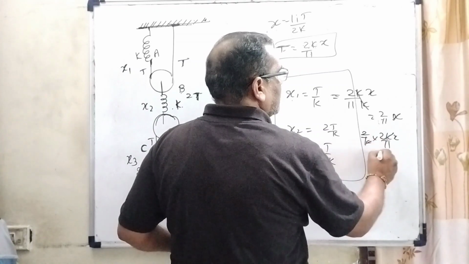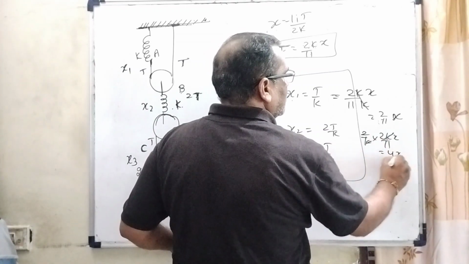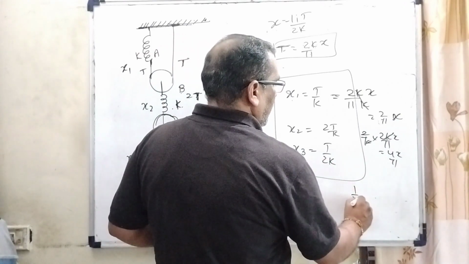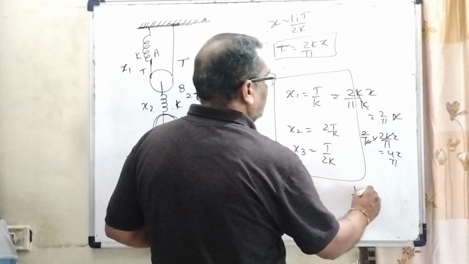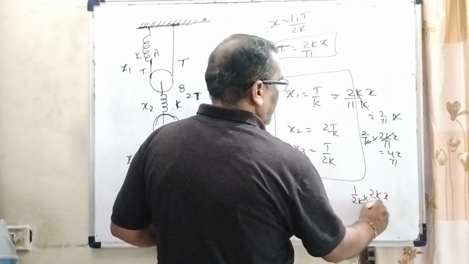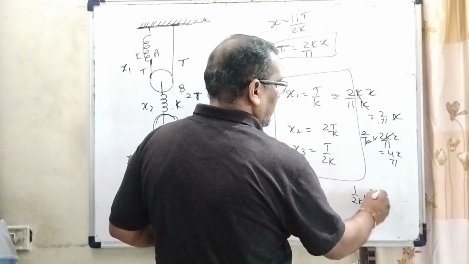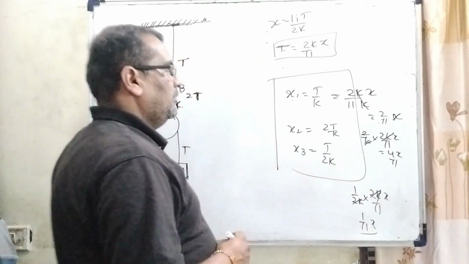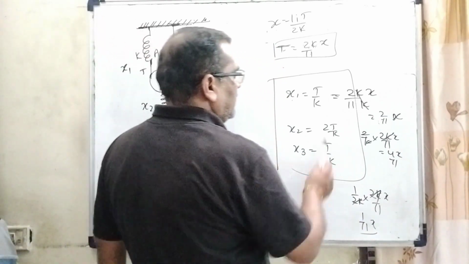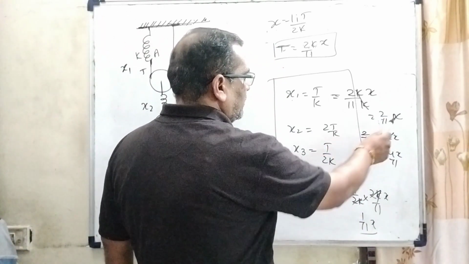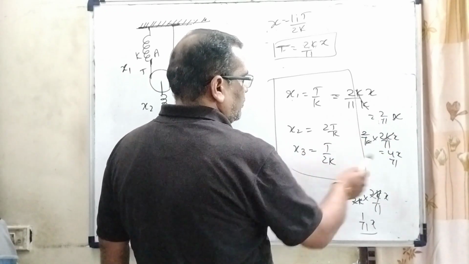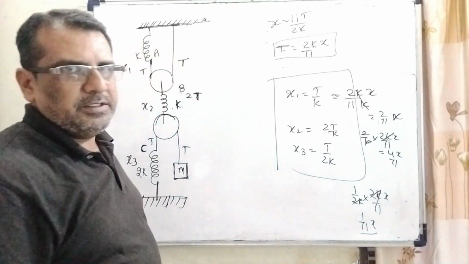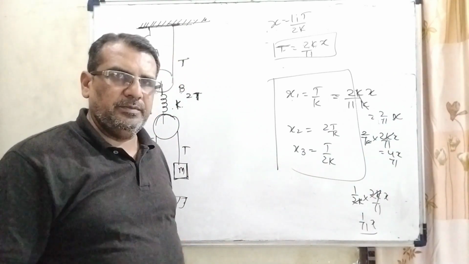Similarly for 2T by k, k cancels out, giving 4x by 11. And for T by 2k, 2k cancels out, giving 1 by 11 x. So x1 is 2 by 11 times the total displacement, x2 is 4 by 11 times, and x3 is 1 by 11 times the total displacement.